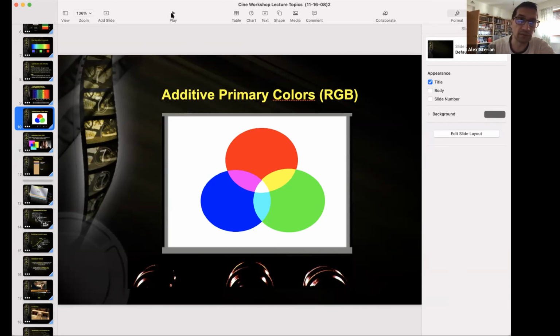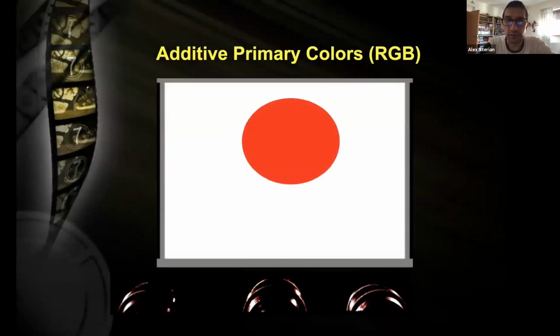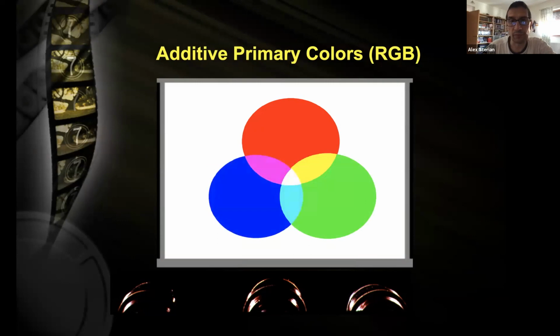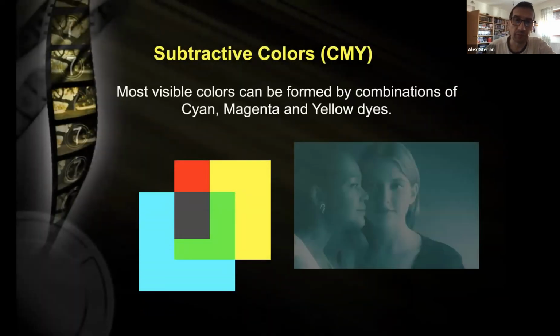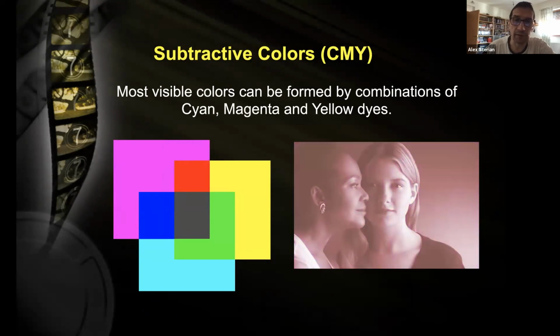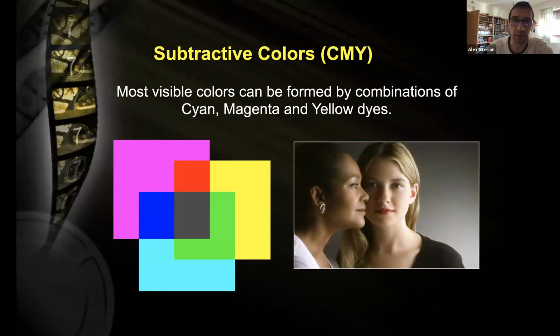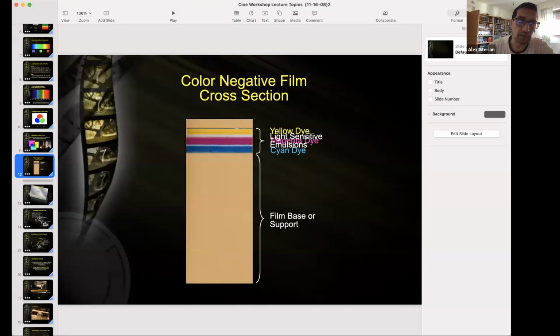So in this situation here, not sure if you can still see it, I hope so. We can overlay three lights, and then in the negative, the layers are cyan, magenta, and yellow, and all together they form these colors.